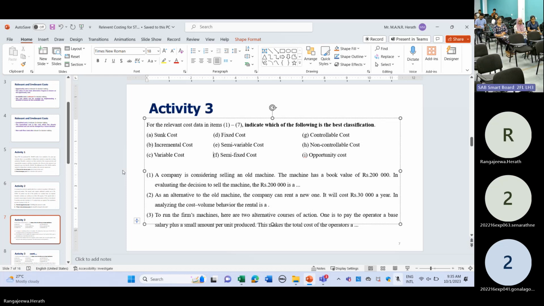With semi-fixed cost, there is no variable component. It is fixed, and after a certain level, it will increase. Now, take the supervisors' salary of a business. If you have employed 5 supervisors and one supervisor is paid 100,000 per month, the supervisor salary is 500,000.